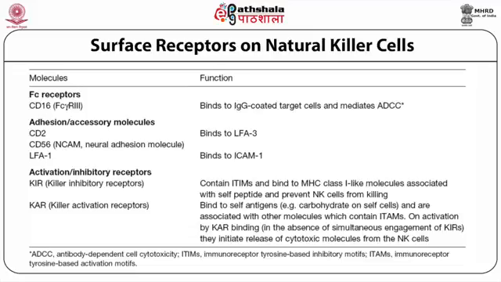Thus, NK cell population is able to monitor change in the pattern of MHC expression by the cells of the host animal. The surface receptors on natural killer cells are listed here and their function is also shown in the right hand side column.